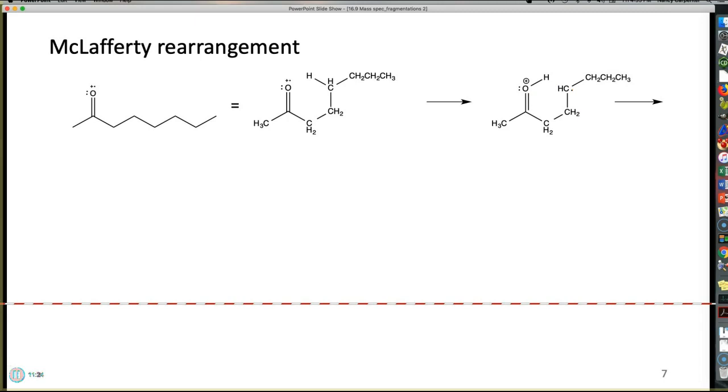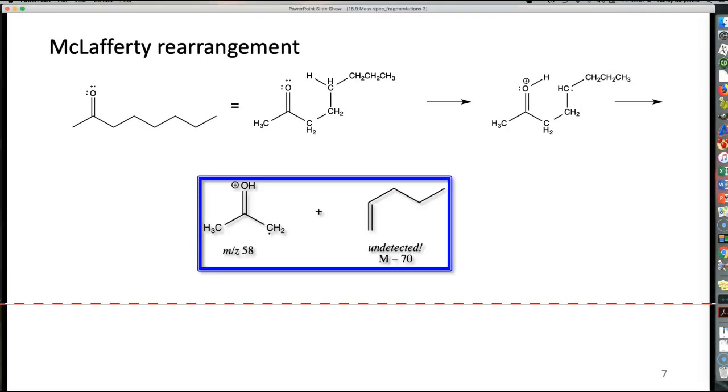What happens next? Well, what happens next is that it's off to the races. These things love to fall apart to give stable, neutral molecules. So if that cleaves as shown, what I will end up with is another alkene that is happy as can be. It's a normal molecule. It's not a cation, it's not a radical.